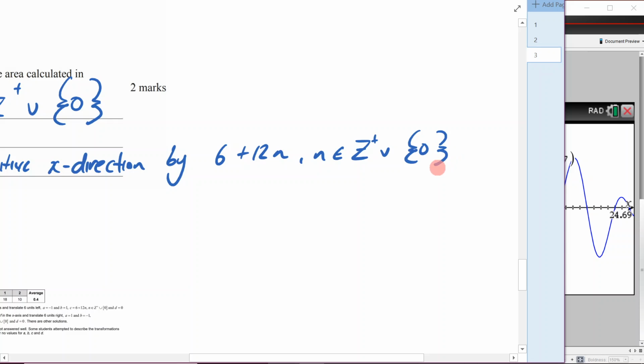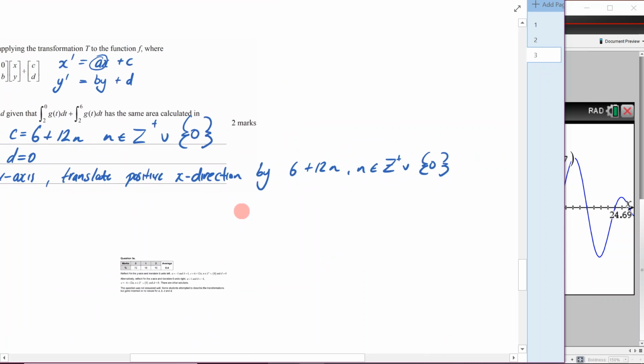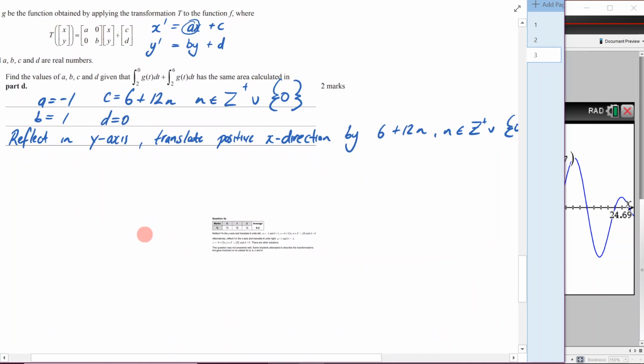So that is just spelling out what I did, so the examiners should have no reason for marking me wrong.